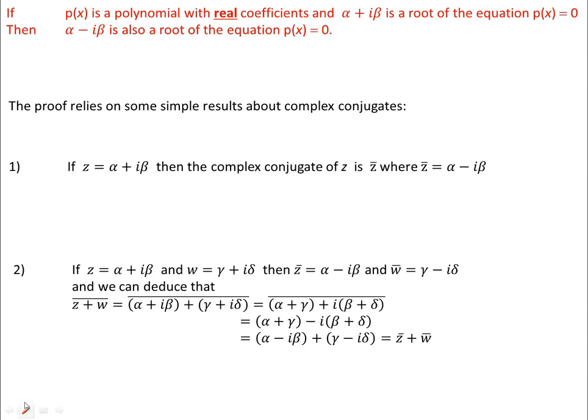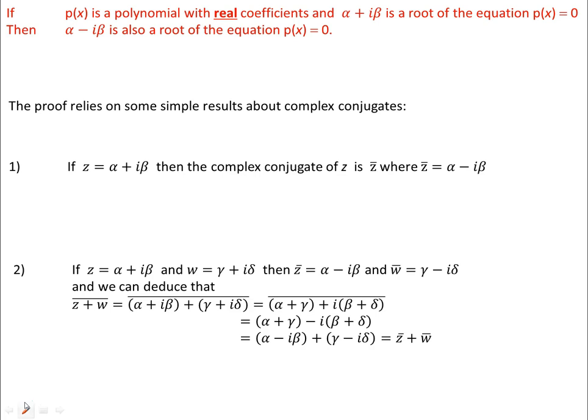Then the complex conjugate of z plus w is the complex conjugate of alpha plus i beta plus gamma plus i delta. Now, to add those two complex numbers, we simply add the real bits and add the imaginary bits.